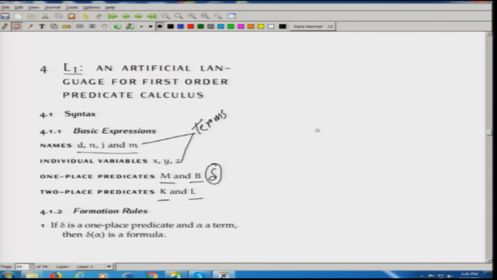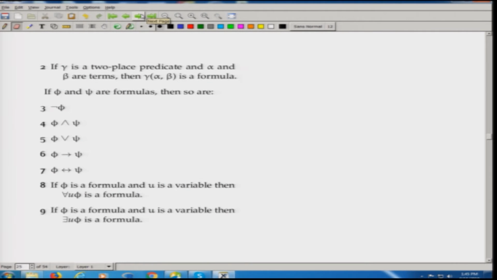Then we go to the next page, and here we have, if gamma is a two-place predicate, so we have two-place predicates, K and L. If gamma is a two-place predicate, and if alpha and beta are terms, that is if they are individual objects, then gamma alpha beta is a formula.